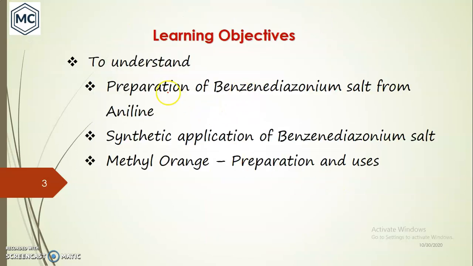Our learning objectives are to understand how to prepare benzenediazonium salt, a very important intermediate, from aniline, what variety of compounds can be prepared from benzenediazonium salt, and how the indicator methyl orange can be prepared and what its uses are.